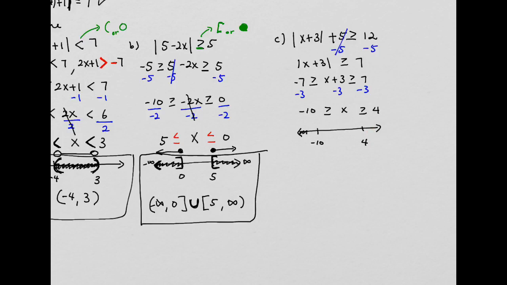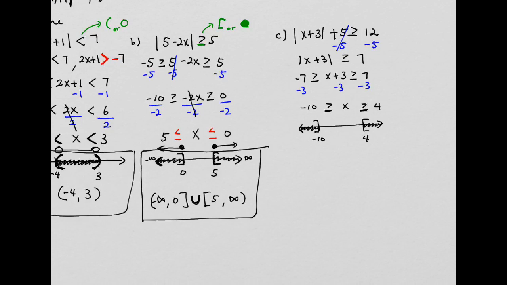So then this will be these two sides again. And I do see the equal sign, right? So I will use the bracket, not the parentheses. Then I will have negative infinity to negative 10, or 4 to positive infinity for that problem.